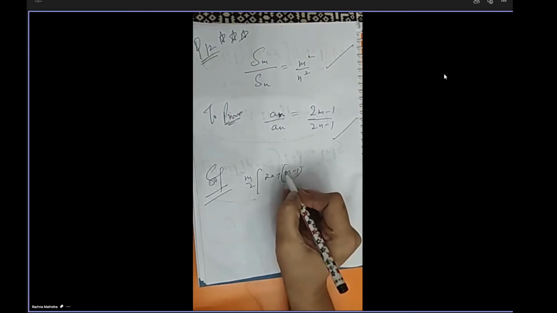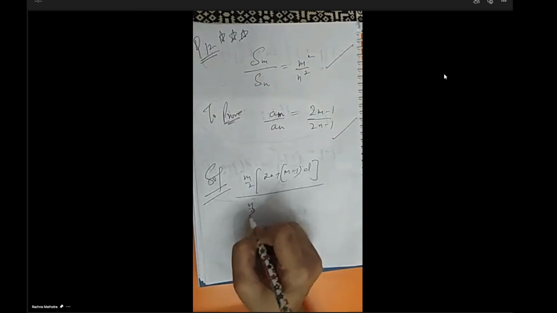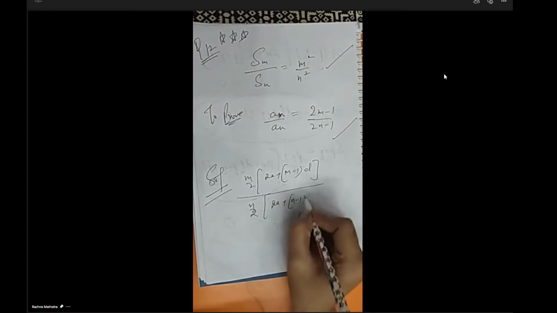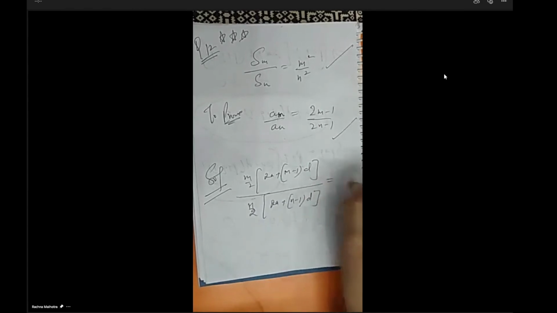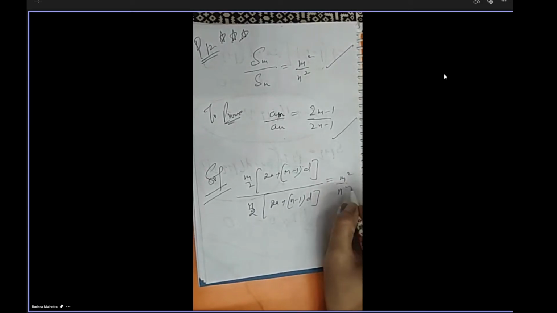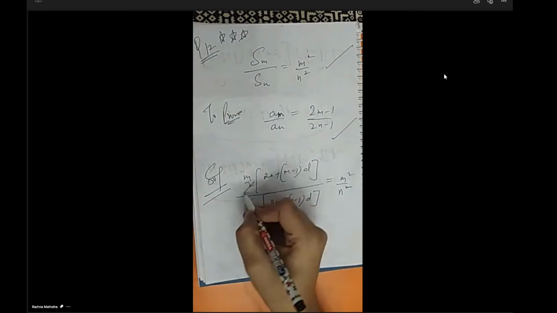Okay. So please tell me what is Sm? What should I write for Sm? m by 2 into 2a plus m minus 1 into d. Okay, what is Sn? n by 2 into 2a plus n minus 1 into d. Can we cancel out any term? m, n is there.